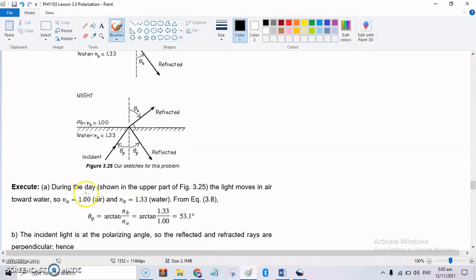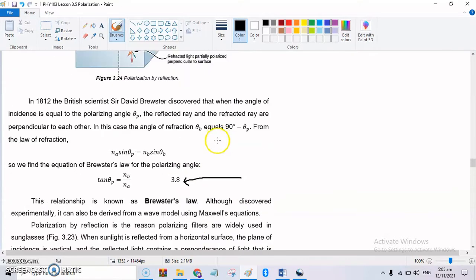Now, for the execution during the day, the light moves in air toward the water. So Na, which is the air, is 1, and Nb, which is the water, is 1.33.